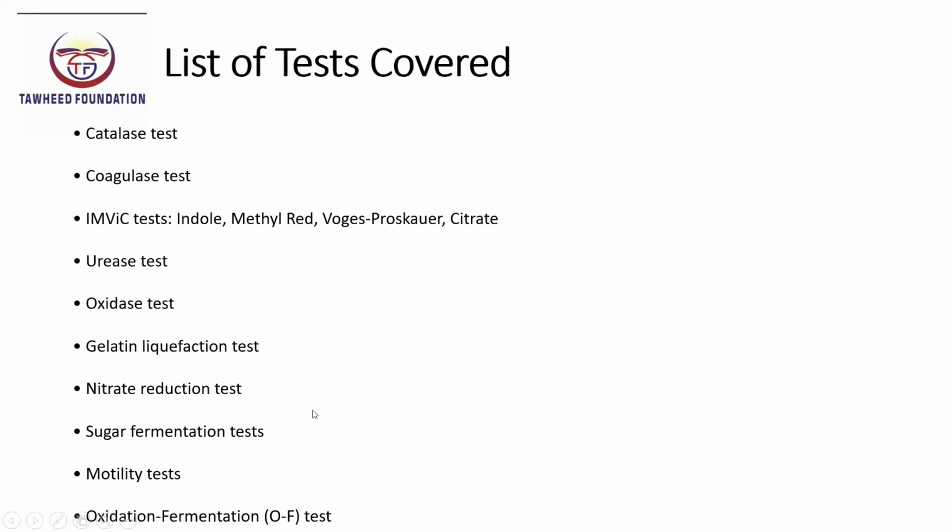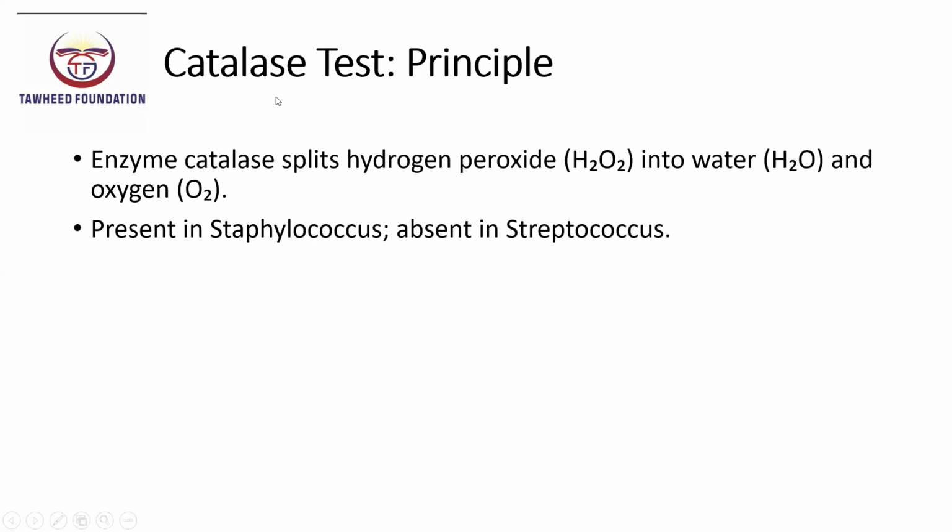Nitrate reduction test will detect nitrate to nitrite reduction. Sugar fermentation test will detect acid and gas from carbohydrate metabolism. Motility test detects bacterial motility. And last, oxidation fermentation will differentiate aerobic oxidation and anaerobic fermentation. We'll go one by one.